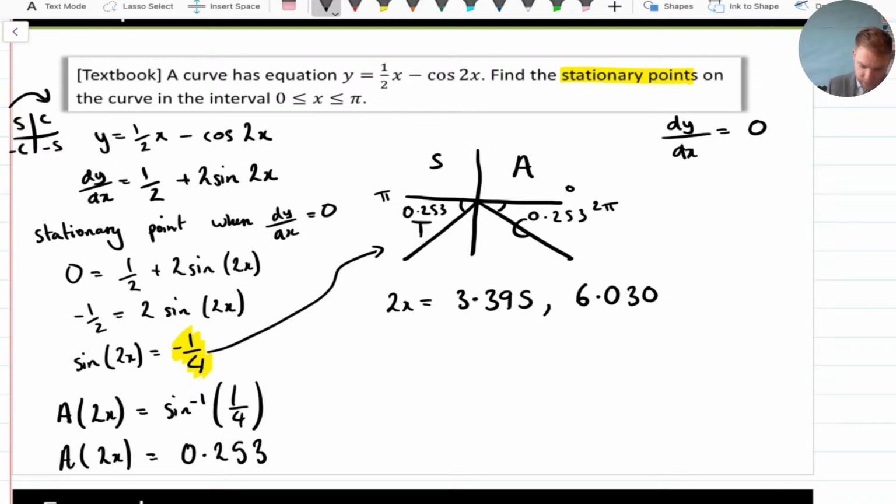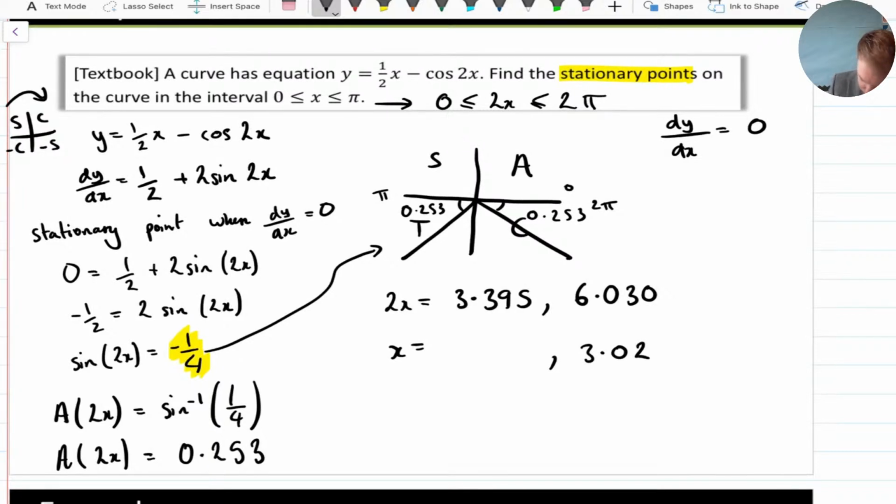6.030. Now, you do need to think about your interval here because I'm dealing with 2x, so my interval actually needs to be 0 is less than or equal to 2x is less than or equal to 2 pi, and I've got that between 0 and 2 pi. So my last little stage here is to divide both of these by 2. So divided by 2, this one on the right is going to be 3.02 to 2 decimal places, radians.